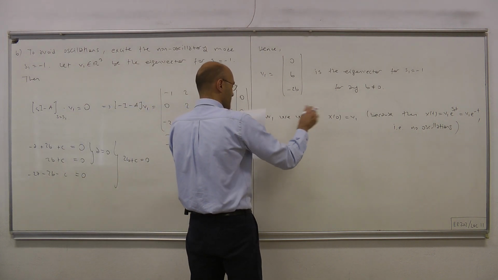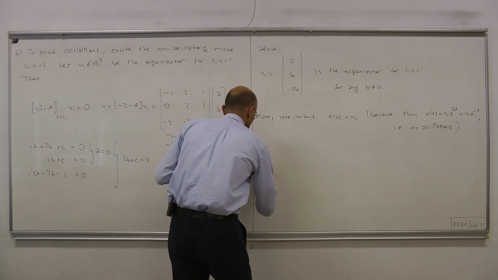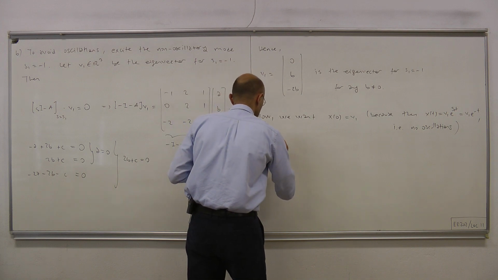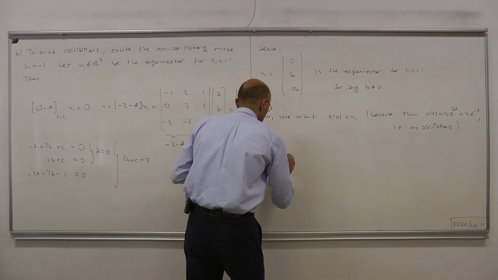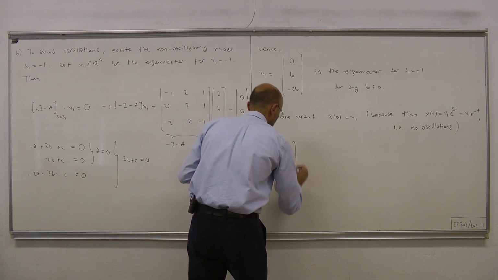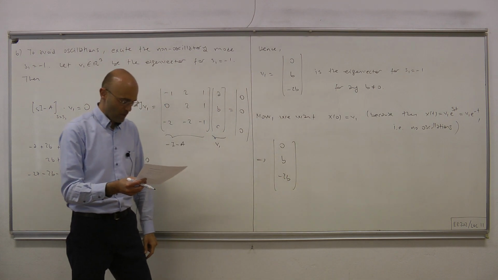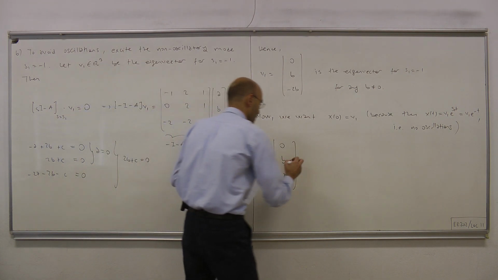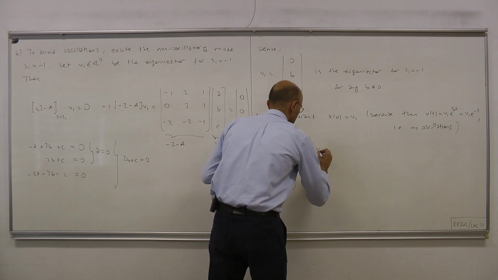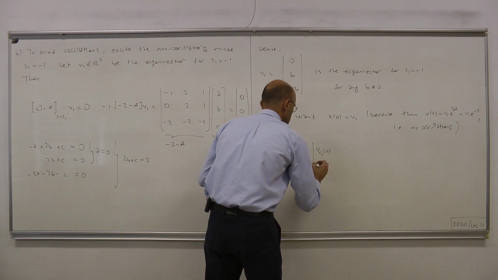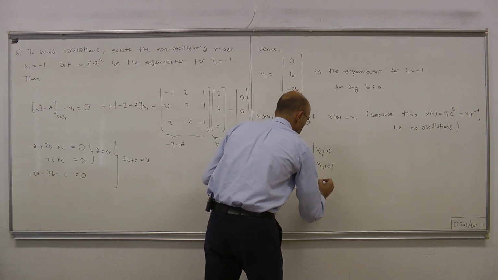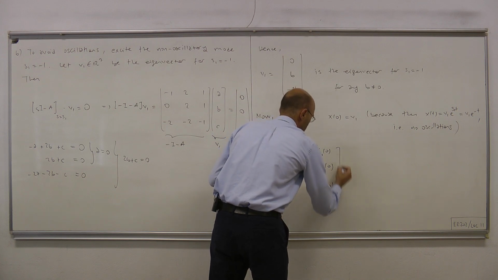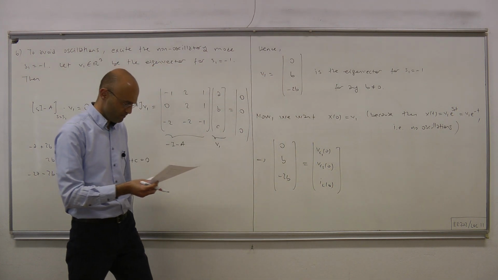So now we want that. So let's apply therefore the initial condition constraint: 0, B, minus 2B. This is the eigenvector, and we want this to be our initial condition. That is, we want this to equal Vc1(0), Vc2(0), and IL(0).